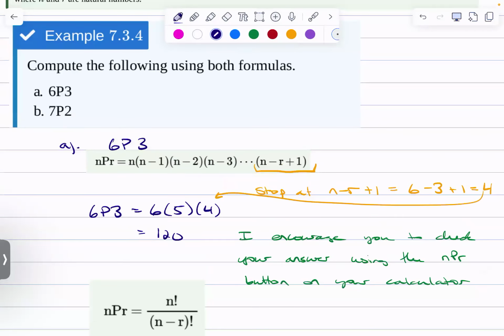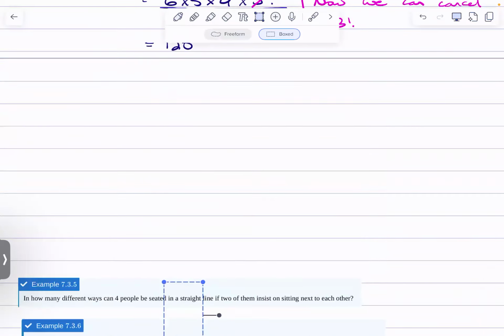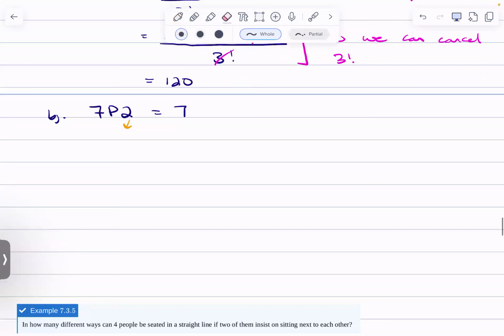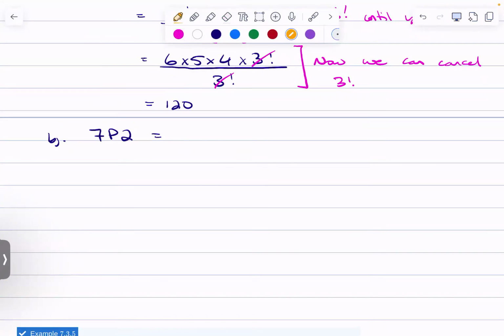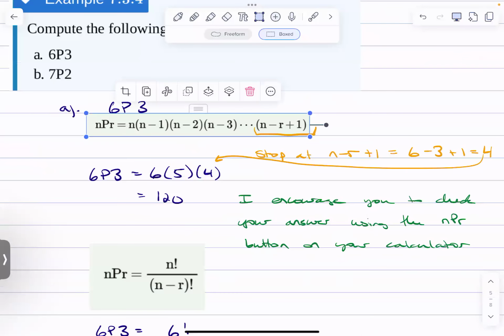So now that we know the tricks, let's do 7P2. Seven P2 is, well, I guess I should figure out where I need to stop.